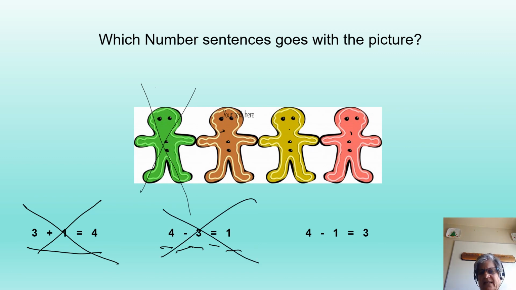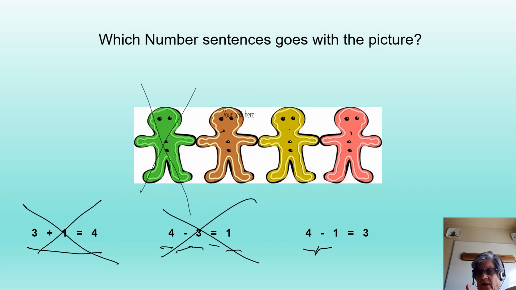Then let's go to the last one. And it says 4 take away 1 equals 3. Let's see if that could be correct. Or maybe I goofed and maybe it's one of the other ones. I did start with 4, didn't I? And I know it's a take away problem because there's an X. I crossed out 1.